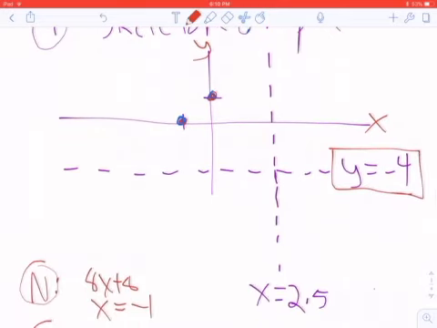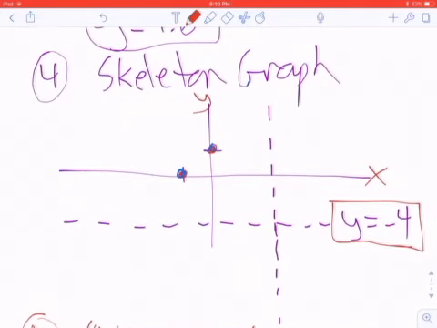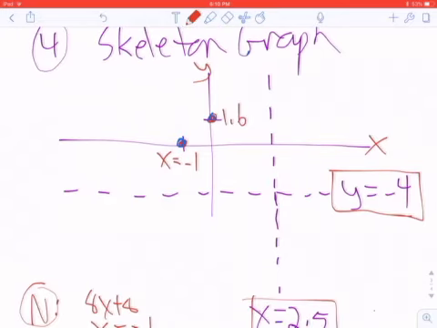We had a vertical asymptote at x equals 2.5. We had an x-intercept at x equals -1. And we had a y-intercept at 1.6. Okay, so those are all the key features on the graph: the x-intercept, the y-intercept, and the two asymptotes, horizontal and vertical, with their equations.